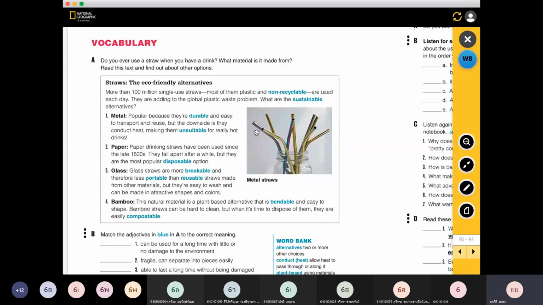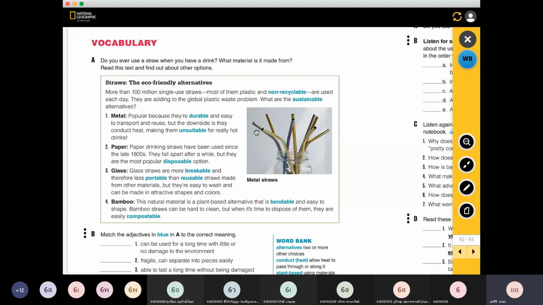When it comes to metal, it's okay too, because metal is quite portable, right? But it has weight. However, glass is reusable as well, but it's easy to be shattered, it's breakable. So you have to be careful about that.